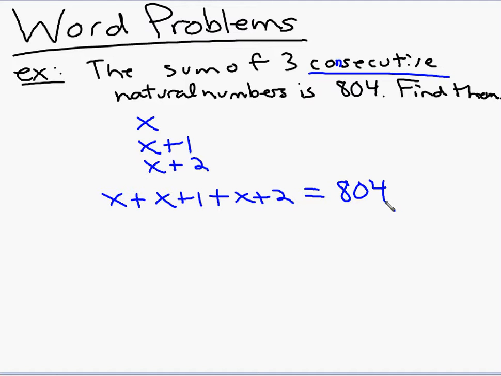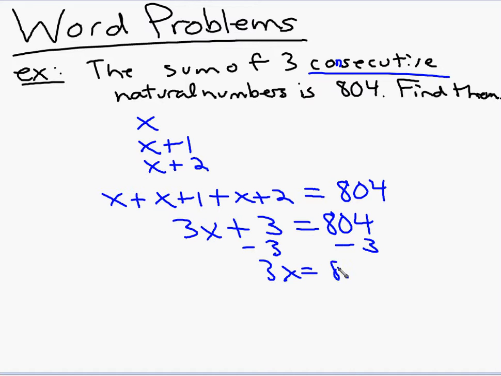And so then you would combine your like terms. 3x plus 3 equals 804, and solve, right? So 3x equals 801. That would be calculator work from there.